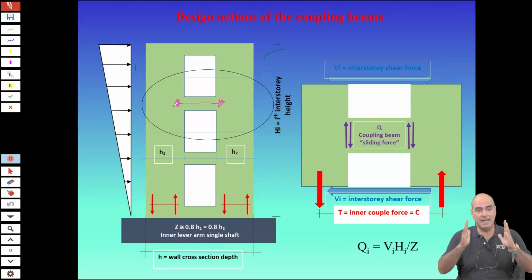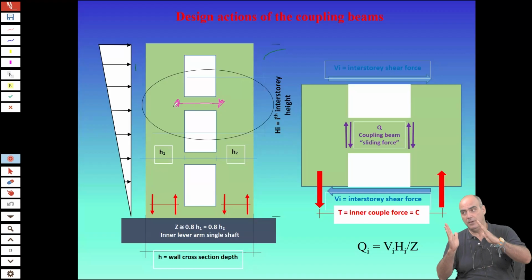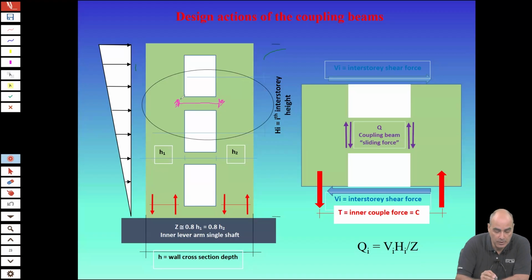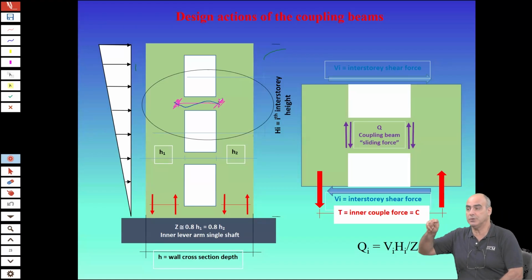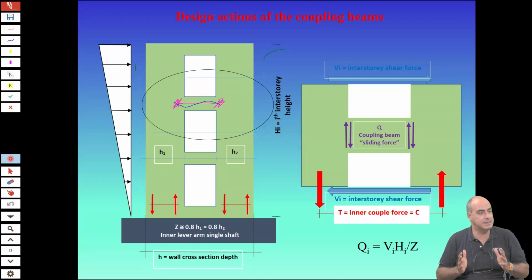And when you assign it the deformation that the wall undergoes, it's a side deformation. So you can imagine that these two edges rotate. So you have a deformation like this with the counterflexure point in the center. This is a balanced situation, which allows for a better layout of the reinforcement.